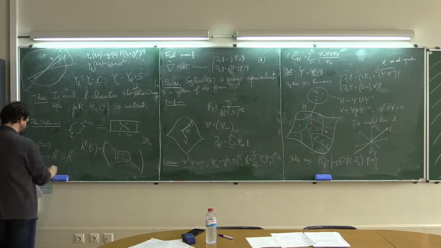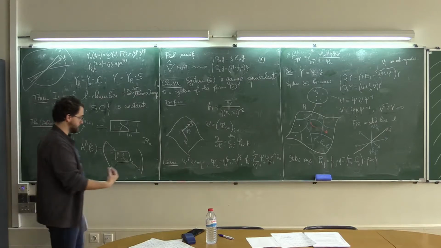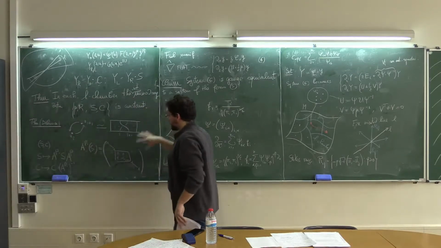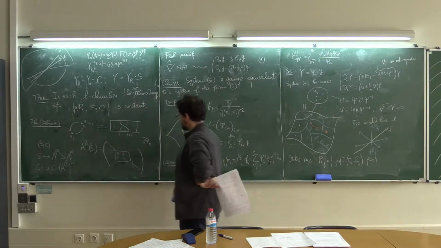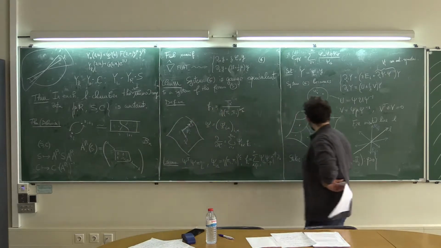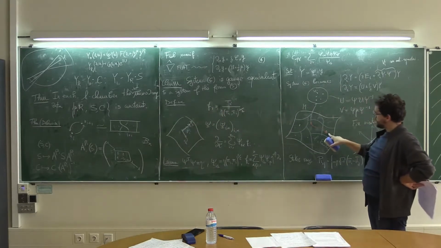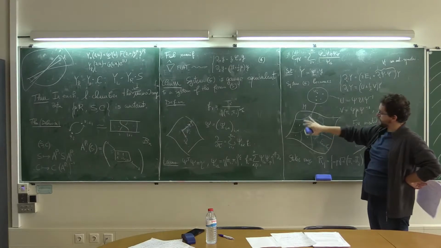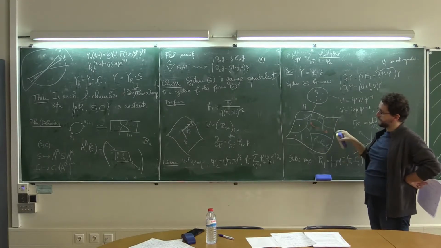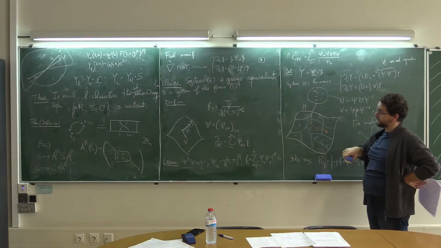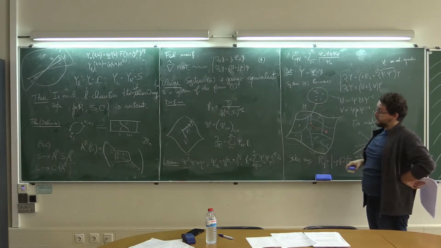The central connection matrix will change in this way. You multiply on the right by the inverse of this matrix A_{β_i}, which is a function of S. So that is to say that we have a complete picture. If we know the value here, we can reconstruct the values of the monodromy data in any chamber of a Frobenius manifold.